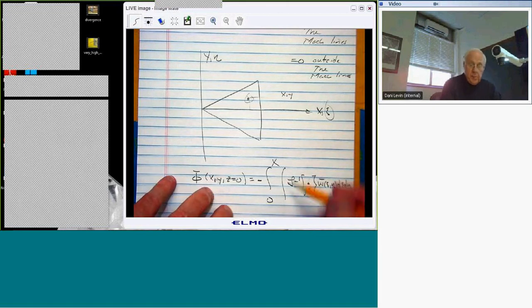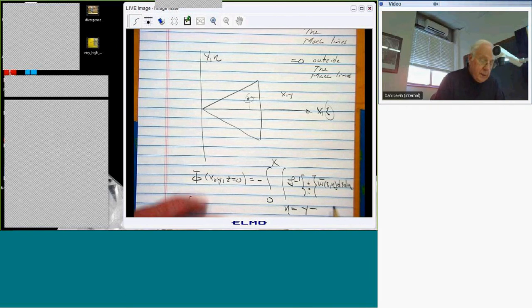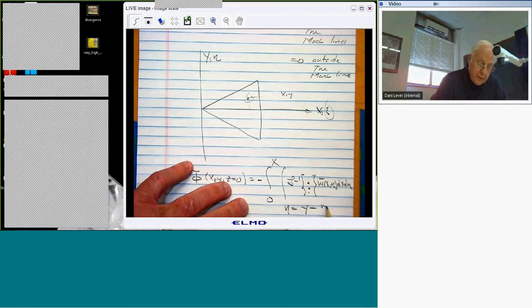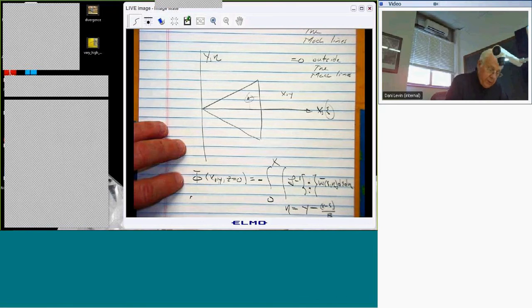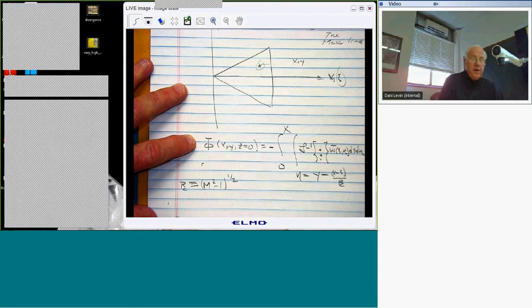And it turns out eta is equal to y minus x minus xi over beta, where I'm going to define beta as the square root of M squared minus 1. I just define it that way because I don't want to keep writing it.